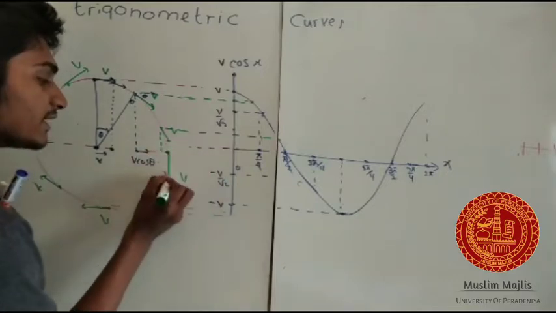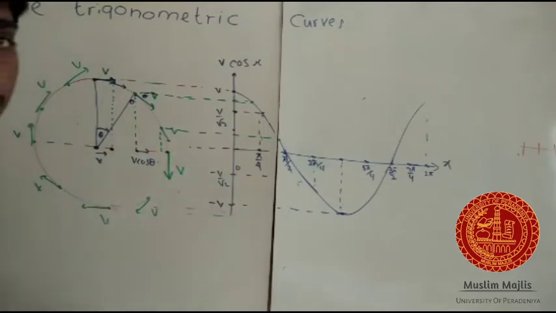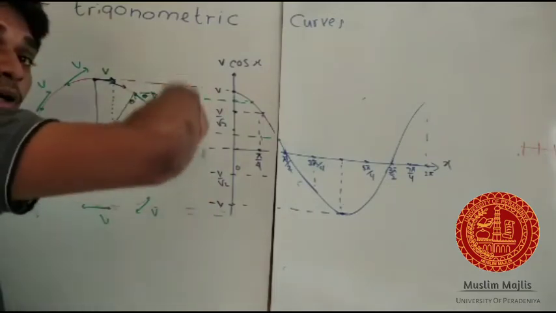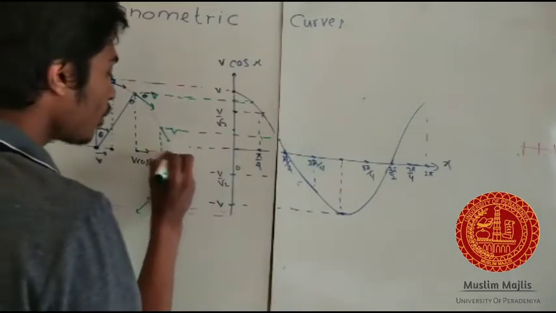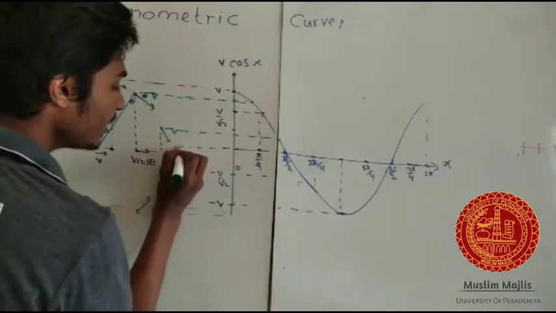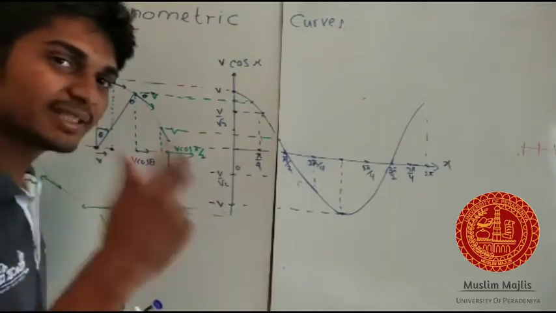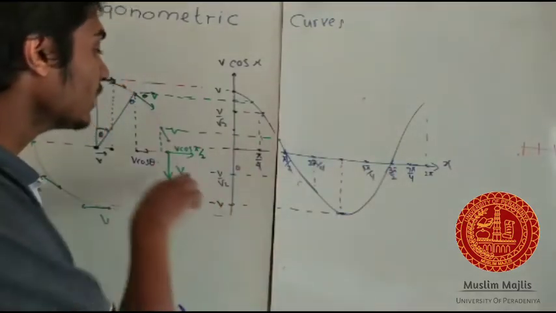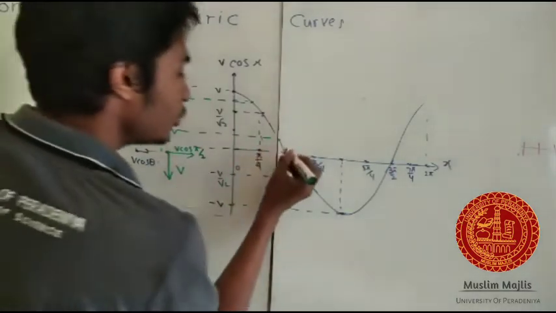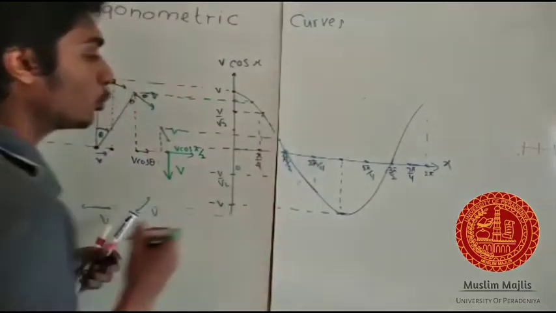Even if you consider it as uniform circular motion, you obviously have a velocity component, but the velocity component is straight vertically downwards. So the horizontal component of this is going to be V cos pi by 2. Cos pi by 2 is simply 0. V into 0 is 0, the horizontal value is 0, and you get the same exact value when it is pi by 2.